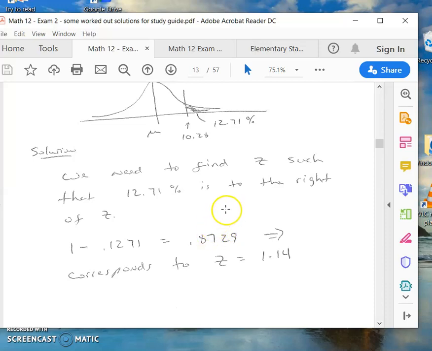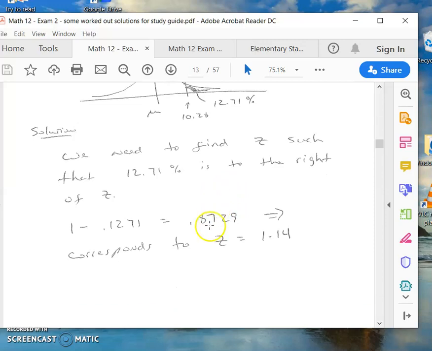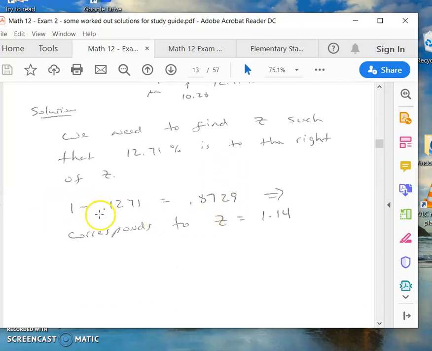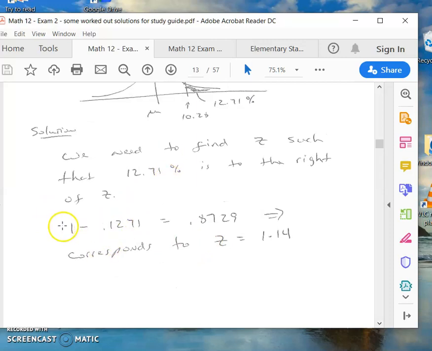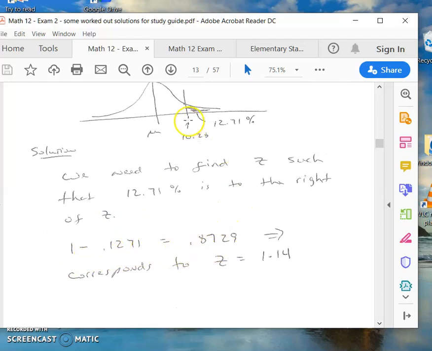And also, this is just a way to learn how to use these tables. Okay, so if 12.71% is to the right, that means that 1 minus 0.1271 is equal to this, and that corresponds to what is to the left of 10.28.